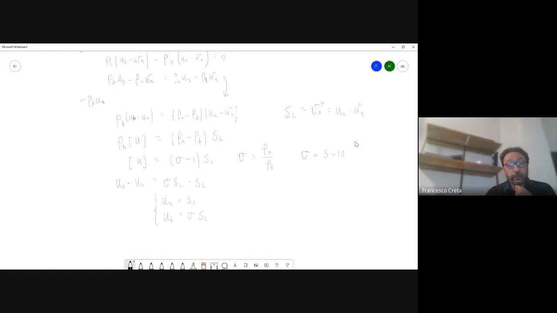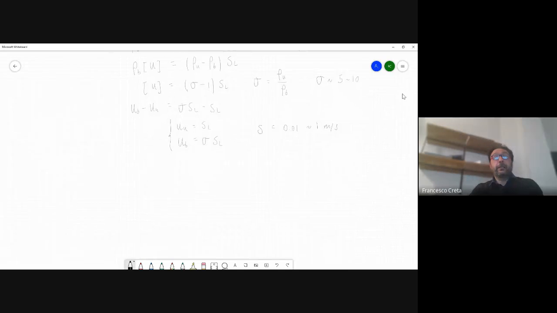Remember that SL will be from very small to about 1 meter per second. So 1 centimeter to 1 meter per second. So it's extremely slow compared to, say, the speed of sound. This is the jump in velocity.